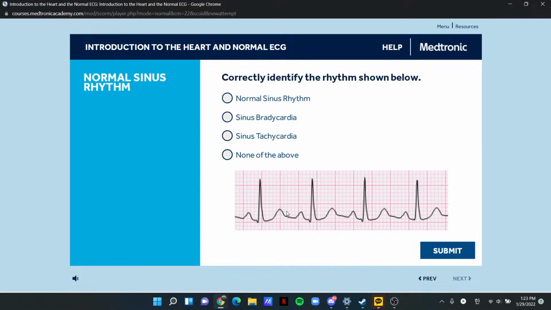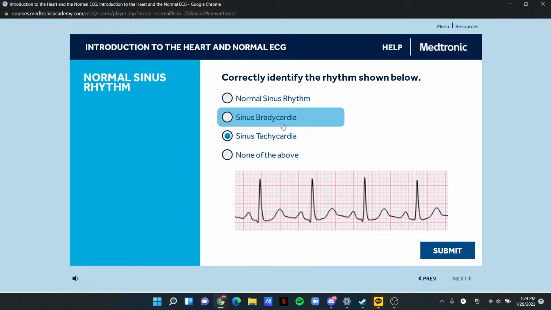So this one looks really short, so someone's like tachycardic. Just to be safe, R to R, this is 200 or 100, 300, 150, 100.